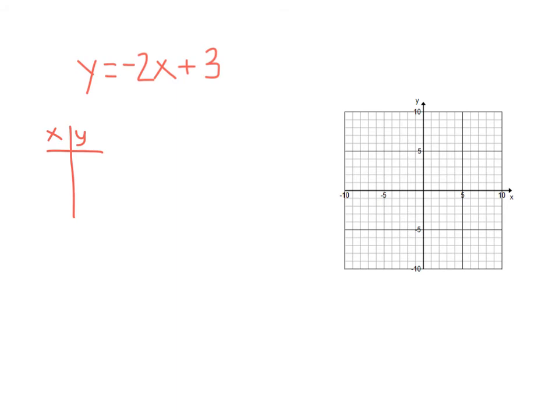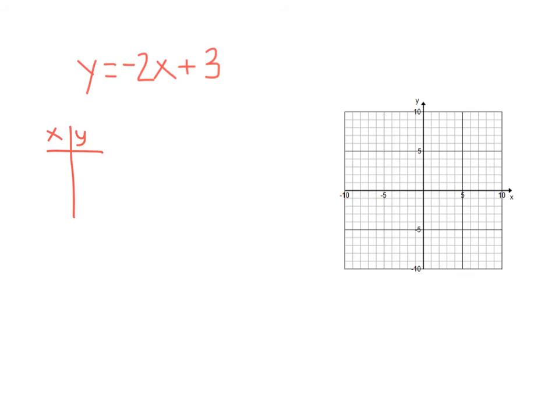Because what x and y represent in this equation are any xy coordinate pair that is on the line. So if we use a table of values, we can input a value, typically for x, and then find the corresponding y value, put that in the table, and then plot your points, and you'll have the line.